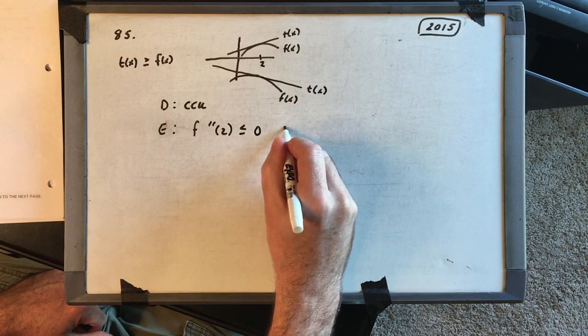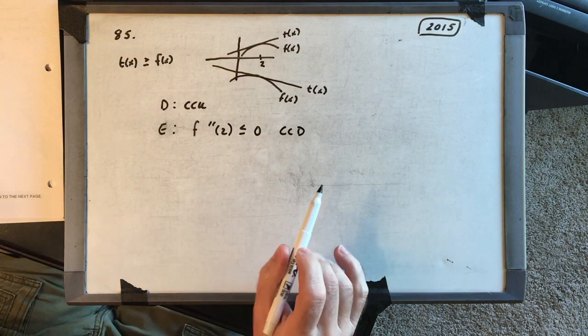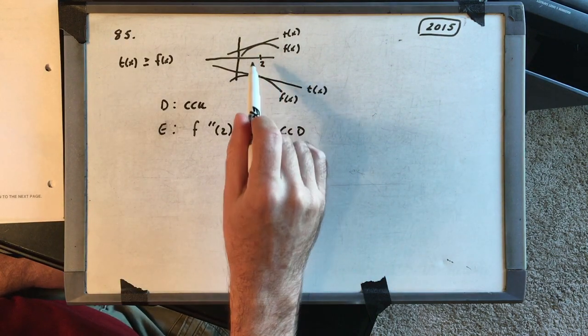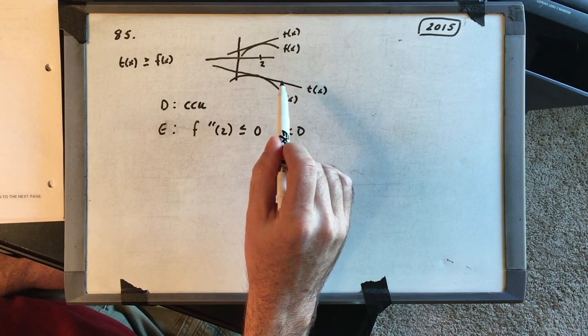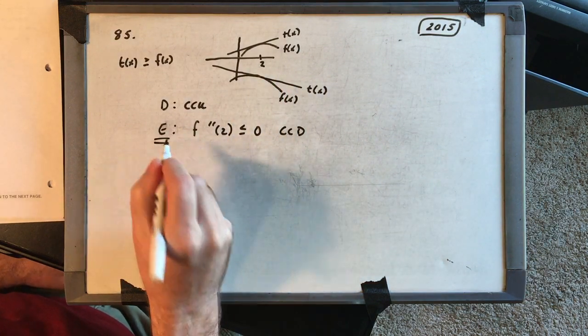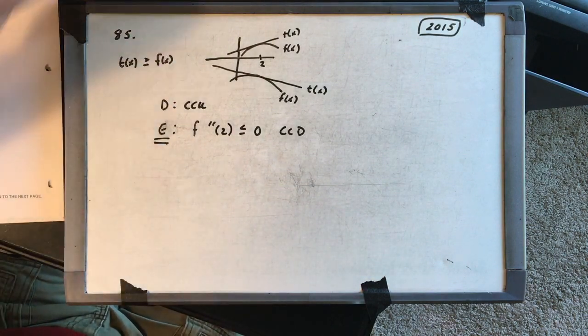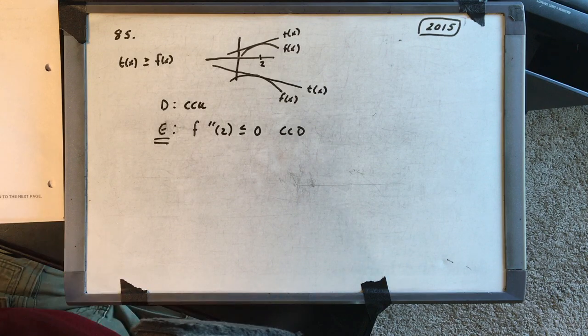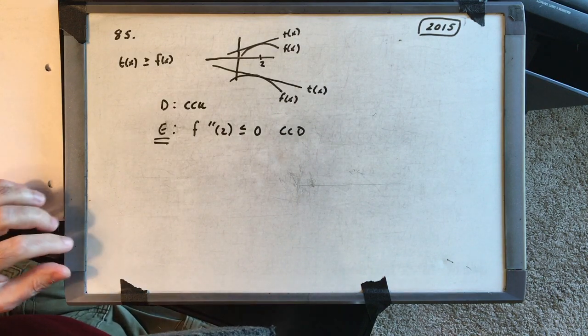That means concave down. And that is true. You can't draw one of these graphs that has the restriction in problem number 85 that's not concave down. So the answer is E. That'd be a little bit of a tough one. You'd have to sit there and think through it, and hopefully you would have the time to do that.